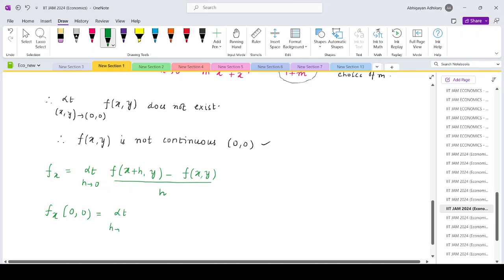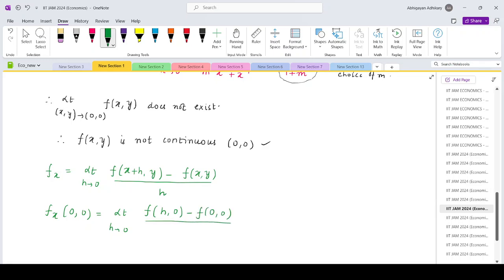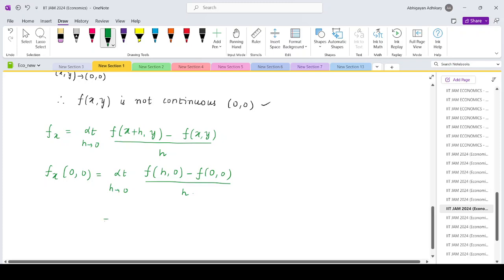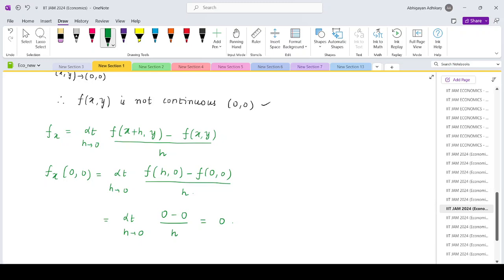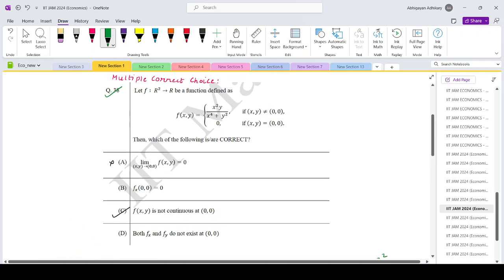That will be the limit as h tends to 0 of f(h, 0) minus f(0, 0) divided by h. If you replace the values, f(h, 0) is 0, f(0, 0) is given to be 0, divided by h, so the answer is 0. So the partial derivative with respect to x at the (0, 0) point is 0. That means option B is correct.